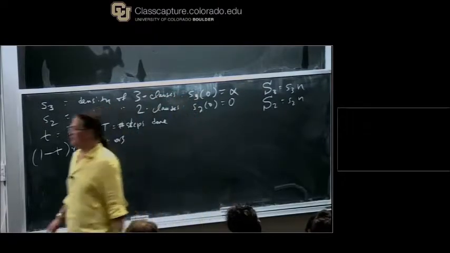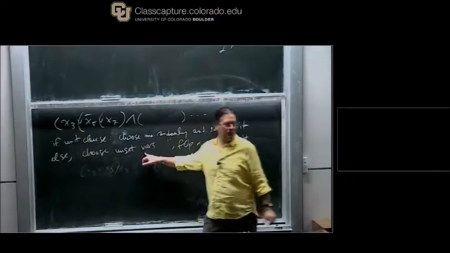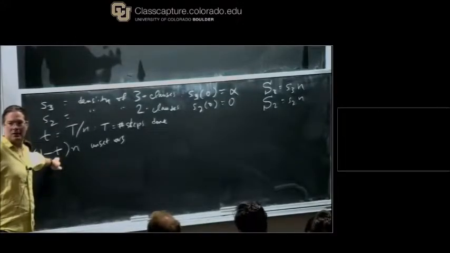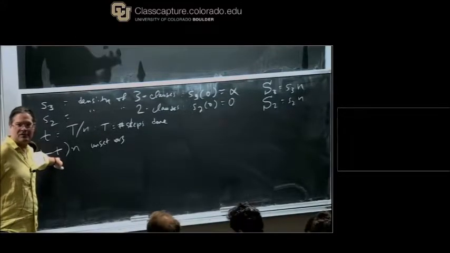So in this step here, when we choose a uniformly random unset variable, we'll be choosing from among these. Any questions?